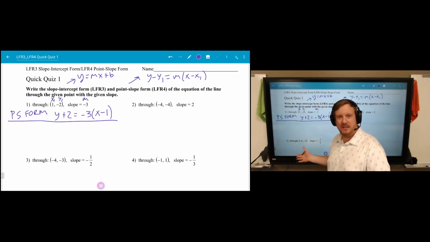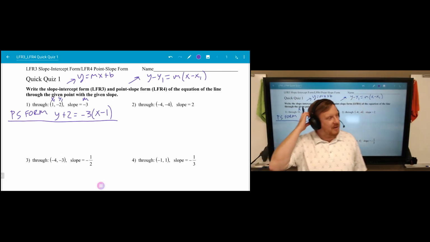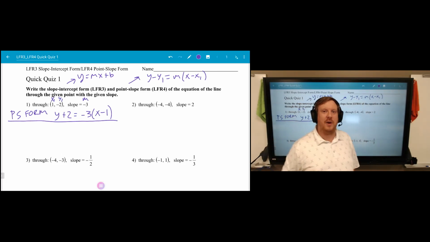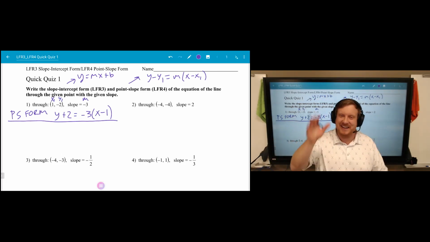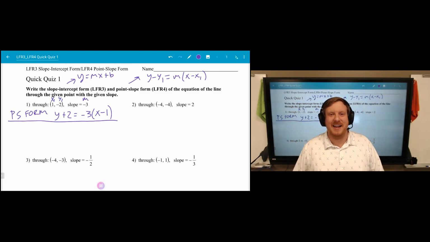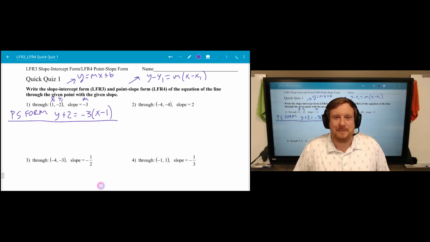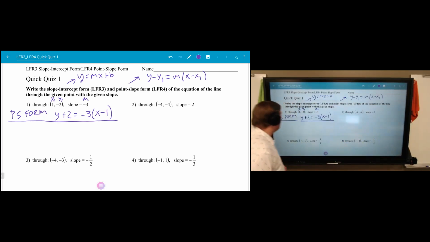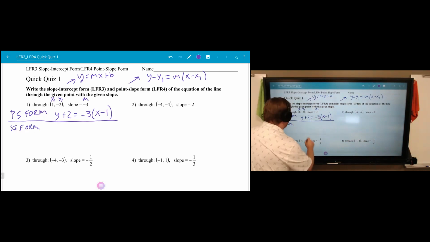How can we take point-slope form and make it look like slope-intercept form? Really good question. I'm glad you asked that. We solve for y. How are we going to do that? I'm going to distribute the slope through.